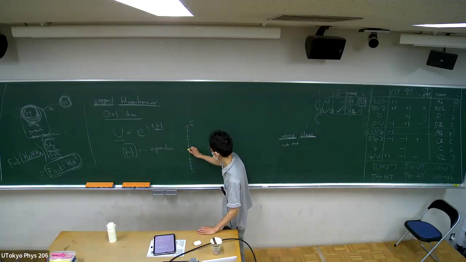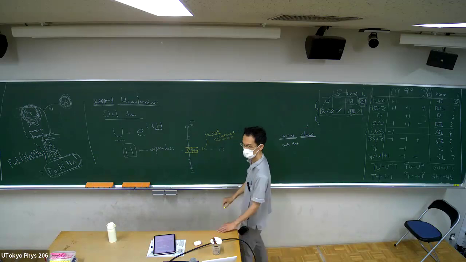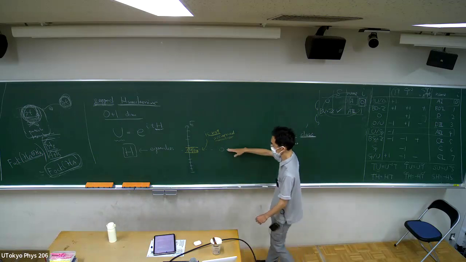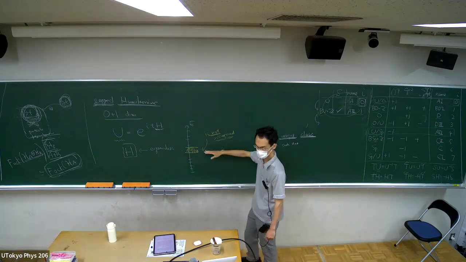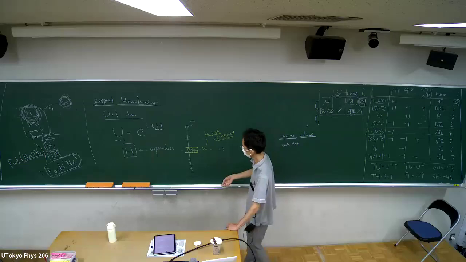But you want to demand that the region around 0 is not occupied. So you think that the Fermi energy is here. It's okay to have negative energy because they are reinterpreted as holes, hole excitations.